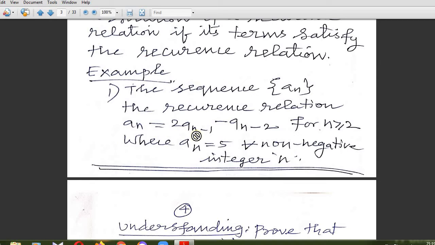But a2 equals 5, so here a3 is equal to 5. So you will have the sequence 5, 5, 5, dot dot dot. This is a good example of a recurrence relation, and these terms are a solution for this recurrence relation.